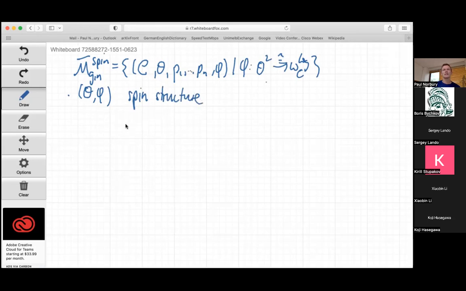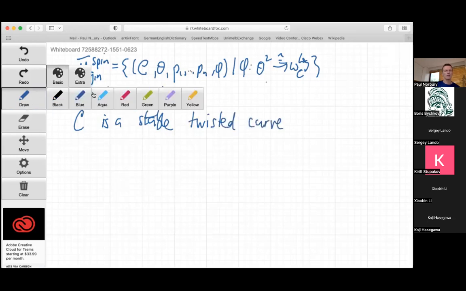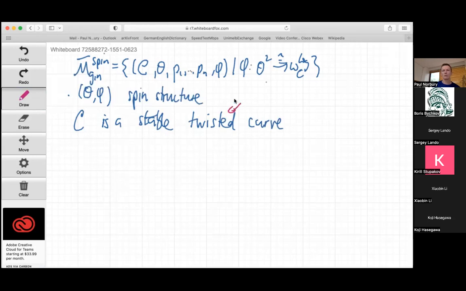C is a stable twisted curve. Another way to say twisted is it's an orbifold curve.